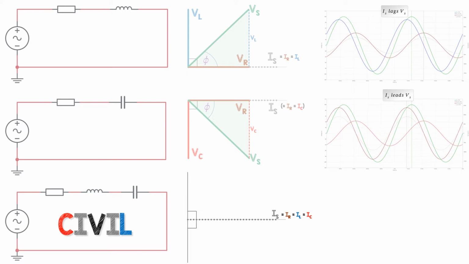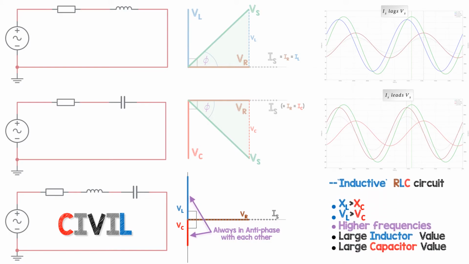With a series RLC circuit, there's just one current. We show VR and VL and VC. Here we have an inductive RLC circuit, which would be at high frequencies with a large inductor or a large capacitor. And we can work out the supply voltage and the phase angle as we did before.